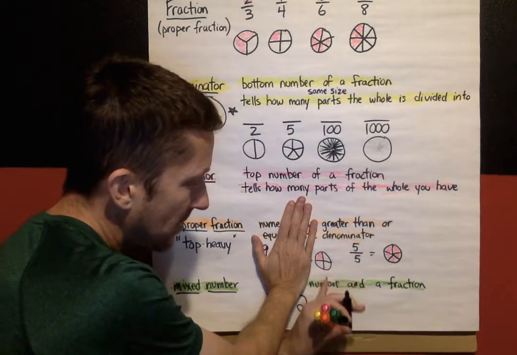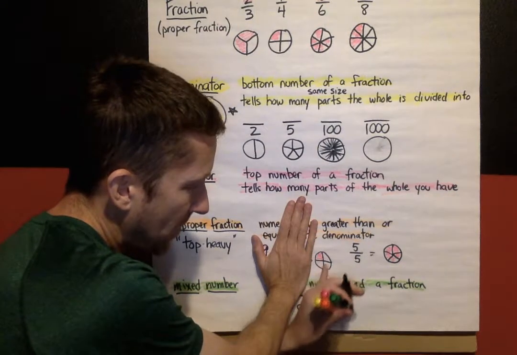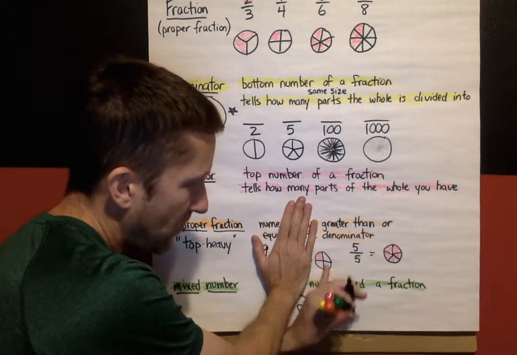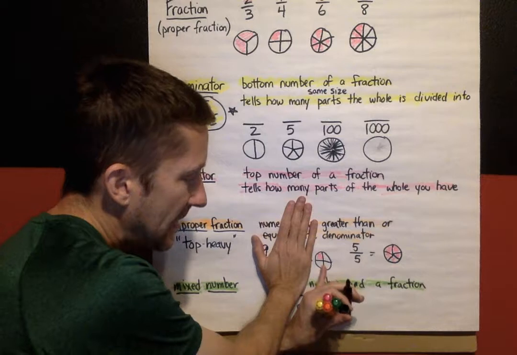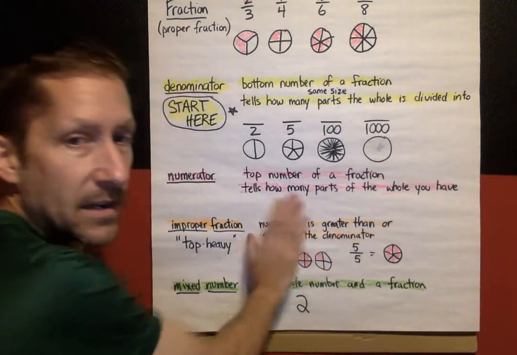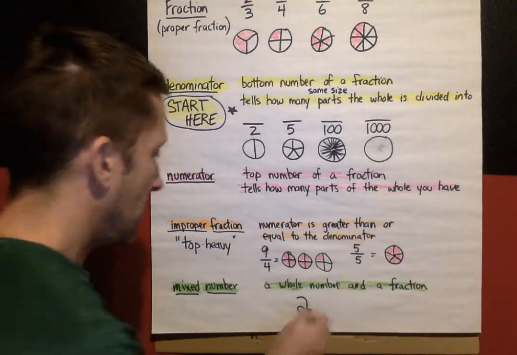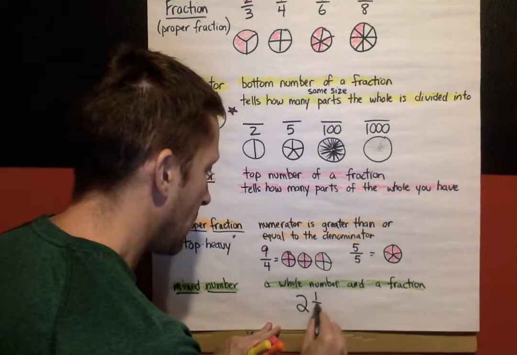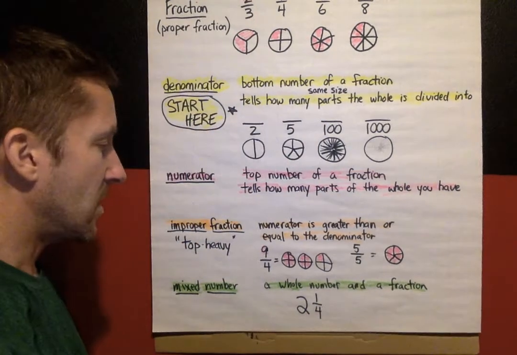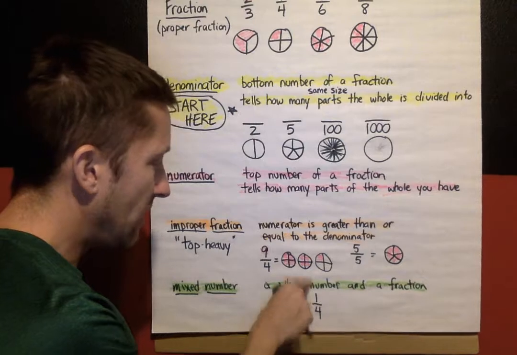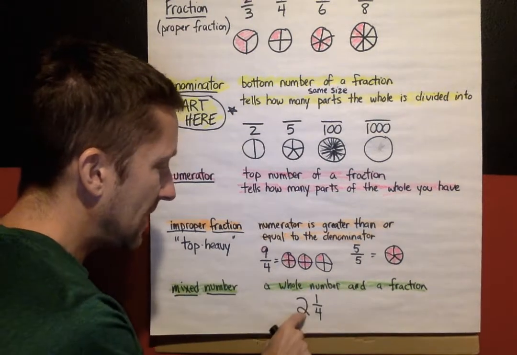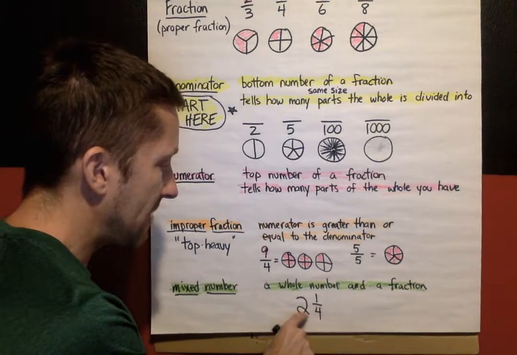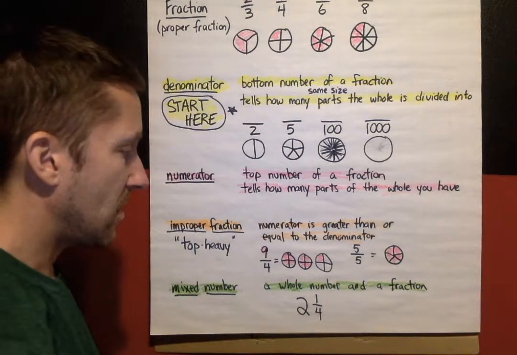Name this amount. I see 4 pieces altogether. That's my denominator. 1 shaded in. Naming that amount is 1/4. So 2 and 1/4 is a mixed number, and it is equivalent to 9/4.